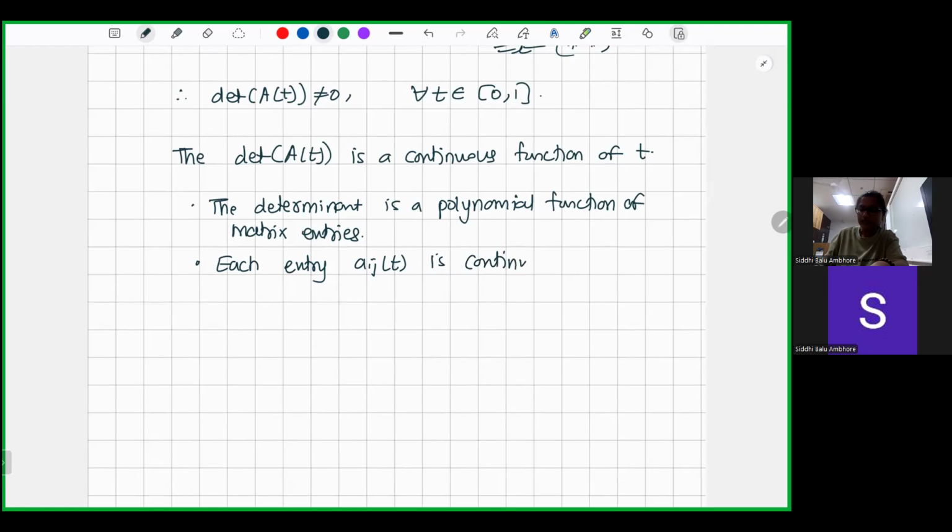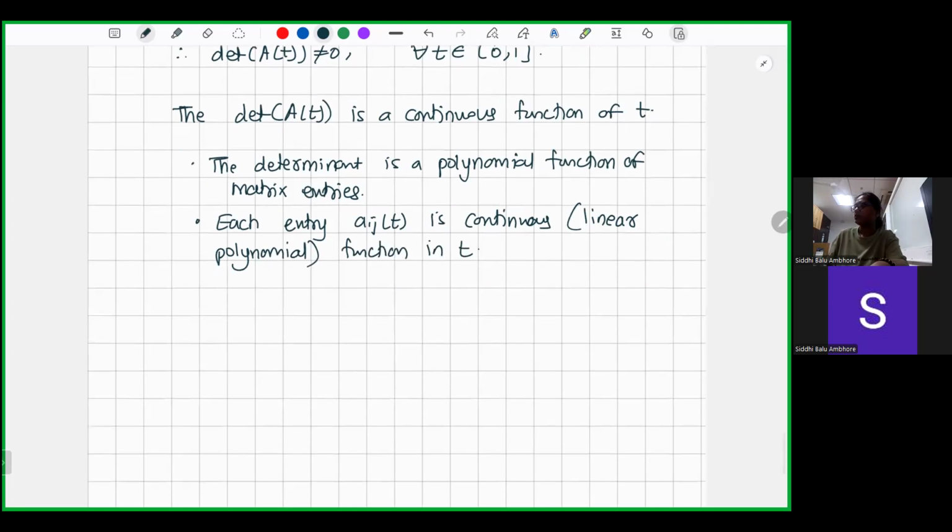In fact, this is a linear polynomial in t, okay?